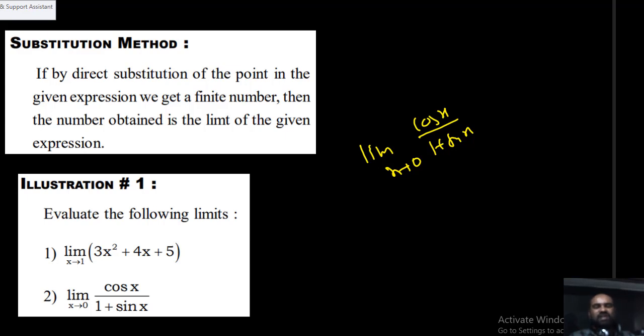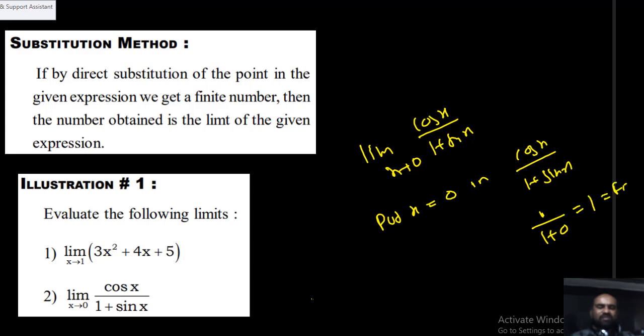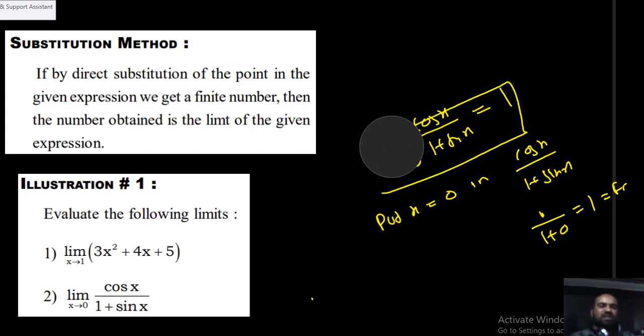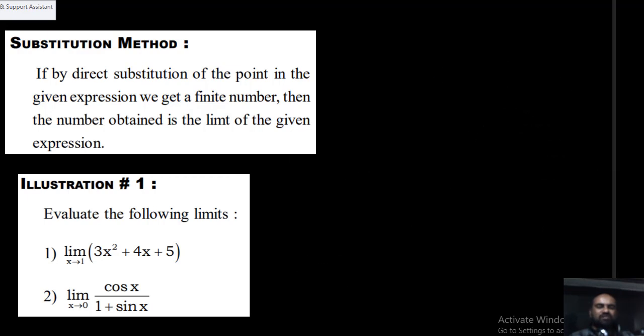So instead of finding LHS and RHS, put x equal to 0 in cos x by 1 plus sin x. What will we get? cos 0 is 1, by 1 plus 0, that is equal to 1, which is finite. So what is the meaning of that? The limiting value of this function is 1 directly. This is called the direct substitution method.